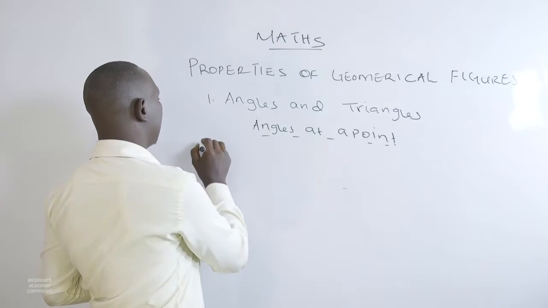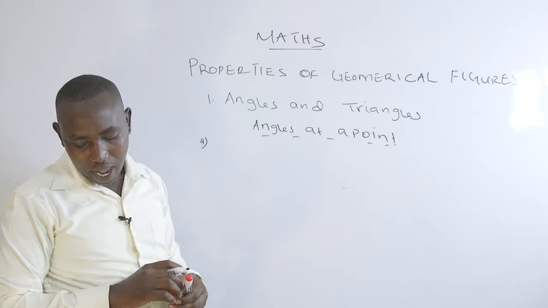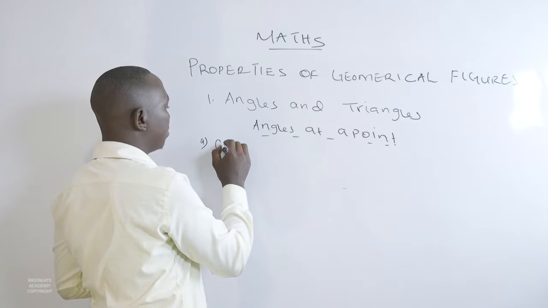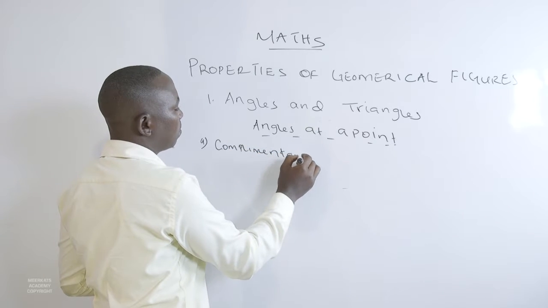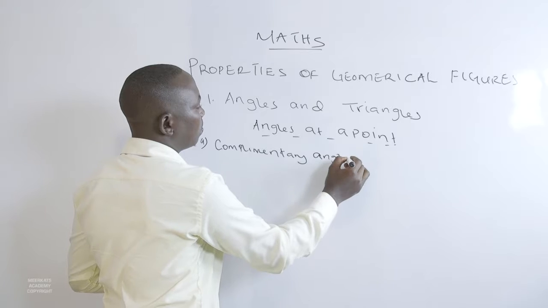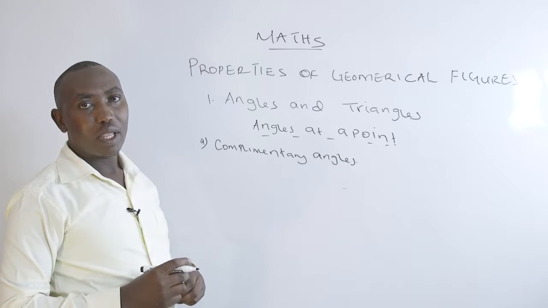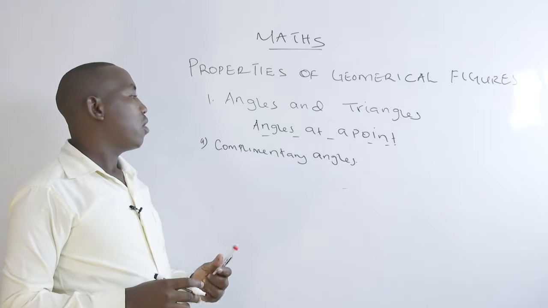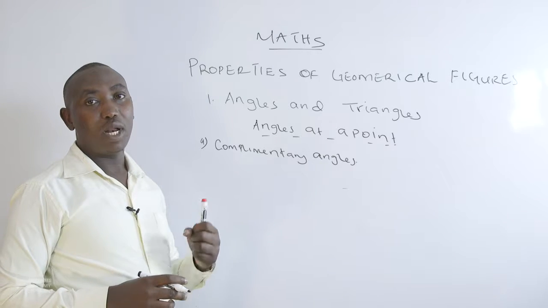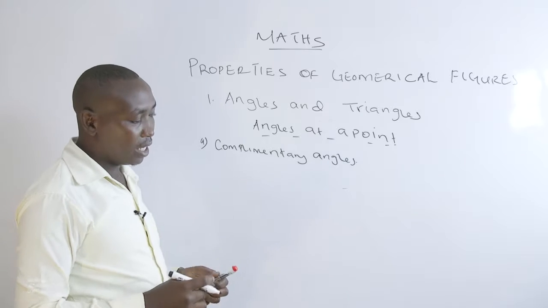Number 1 is what we term complementary angles. Complementary angles are angles which, when summed up, add up to 90 degrees.